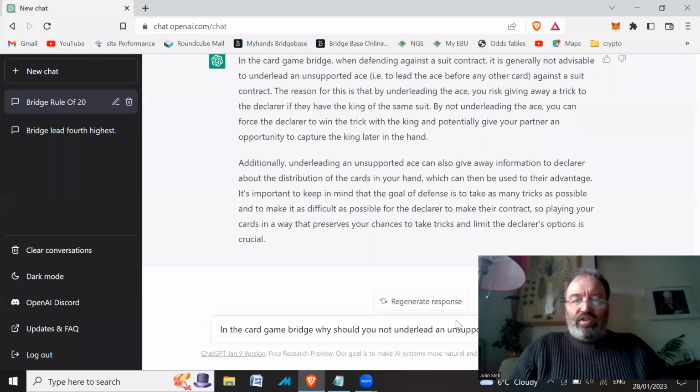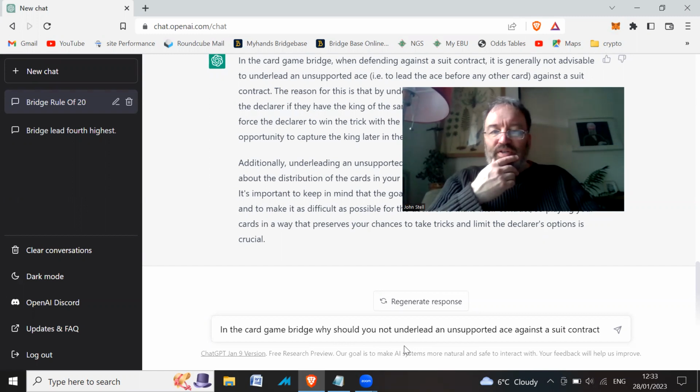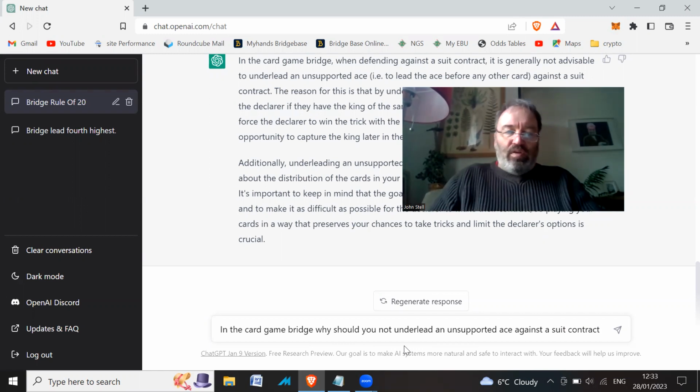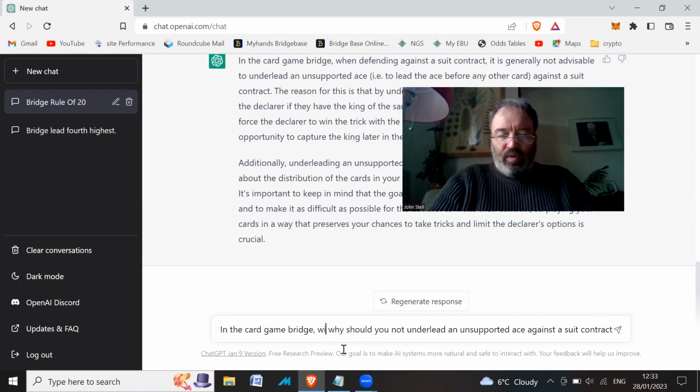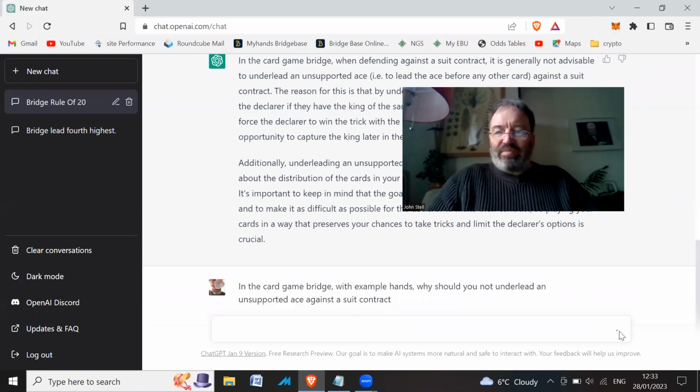In the card game bridge, why would you not underlead an unsupported ace? I wonder if I put in the card game bridge. Let's try putting in with example hands. Let's see if it actually creates some example hands.